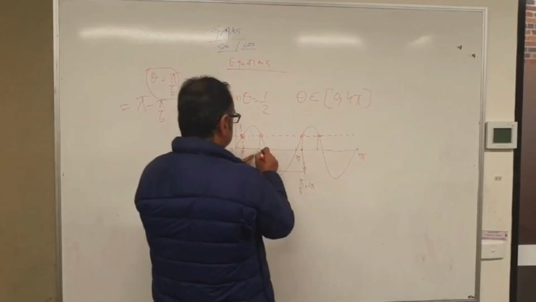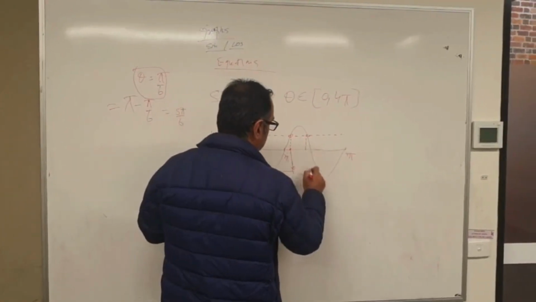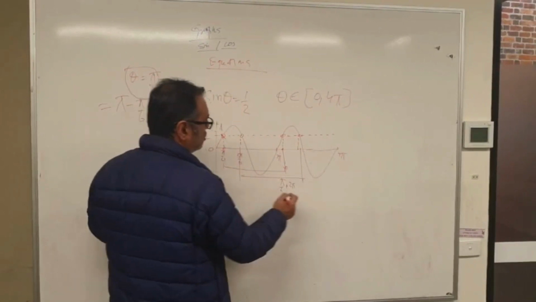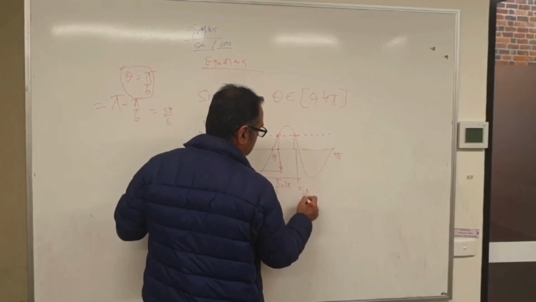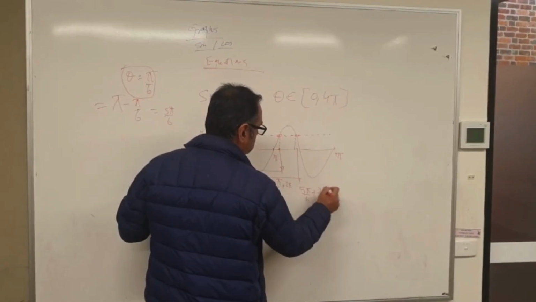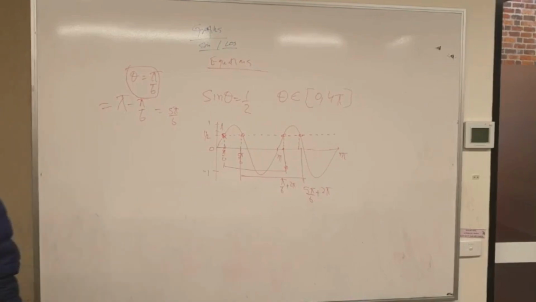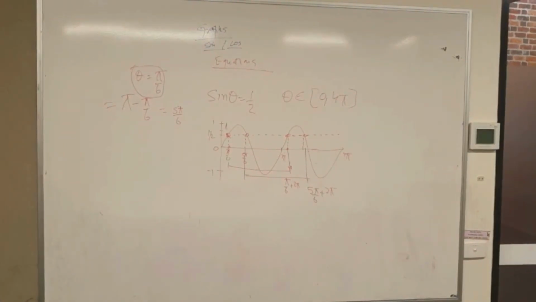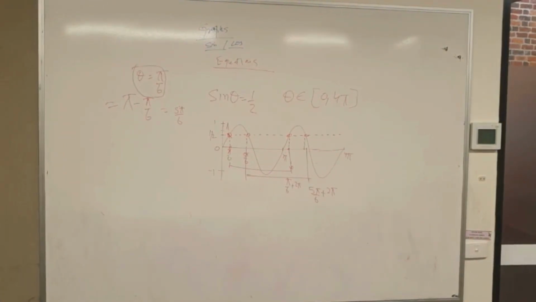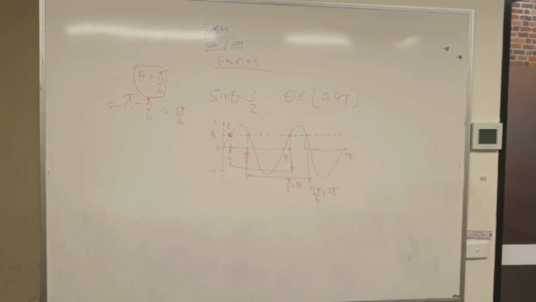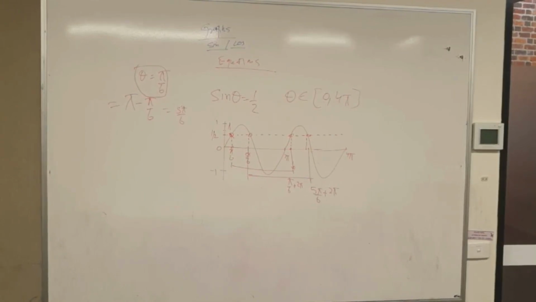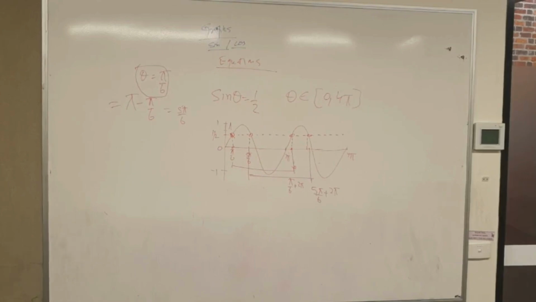And similarly, this value here would be exactly another 2 pi, so 5 pi over 6 plus 2 pi. Arishka, did you get it? Romeo? Yeah. Chris? Yeah. Arman? Yeah.